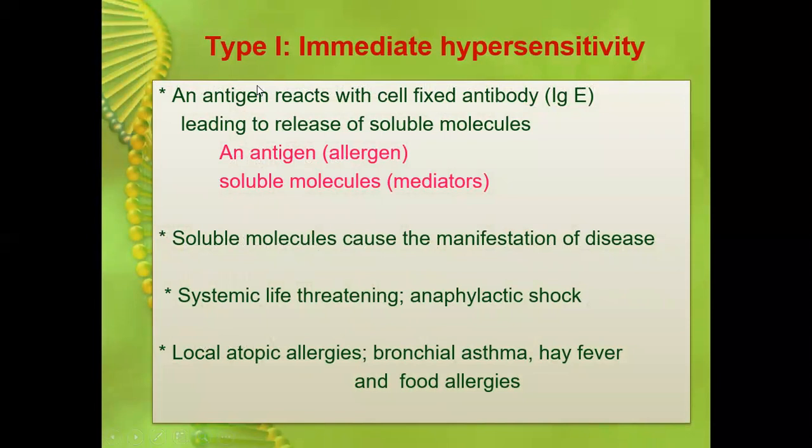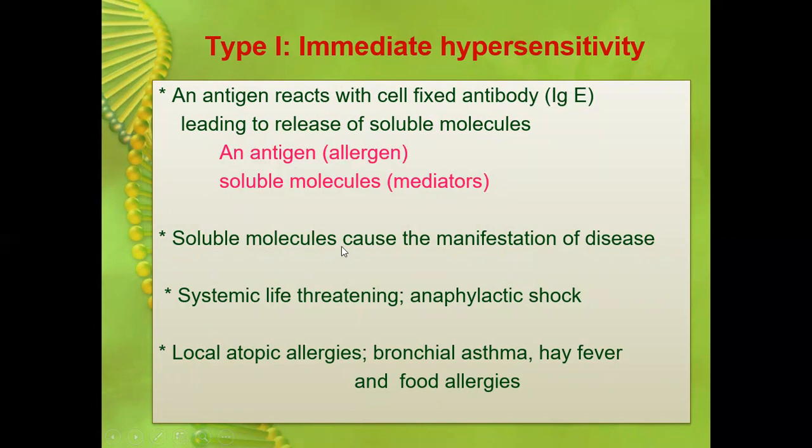And the type 1 is also known as immediate hypersensitivity reaction. So this type 1 reaction will develop when the antigen reacts with cell-fixed antibody. The antibody involved here is IgE antibody. And this leads to the release of soluble molecules, that is, the allergen and soluble molecule mediators.